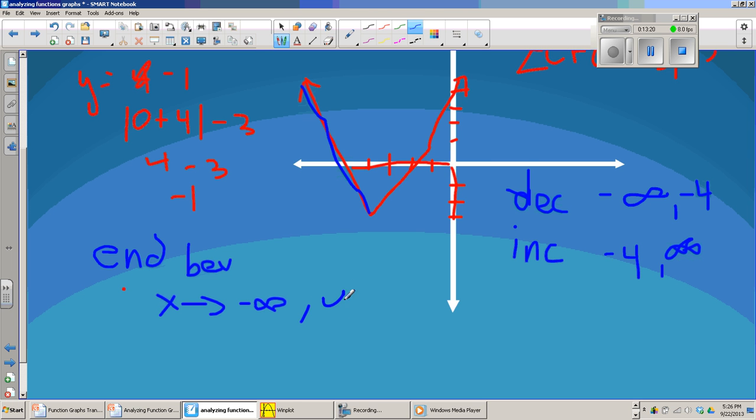So we say the y's are approaching positive infinity. Then on the right hand side, as the x's are getting bigger, approaching positive infinity, we'll say that the y's are also still rising, so that is approaching positive infinity.